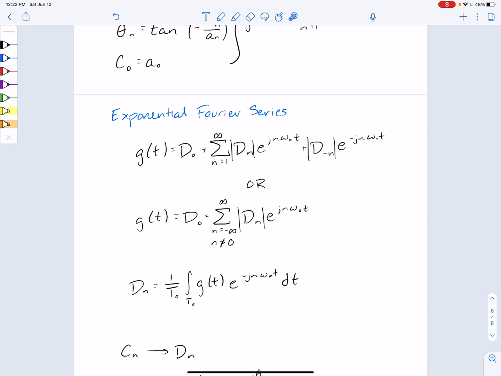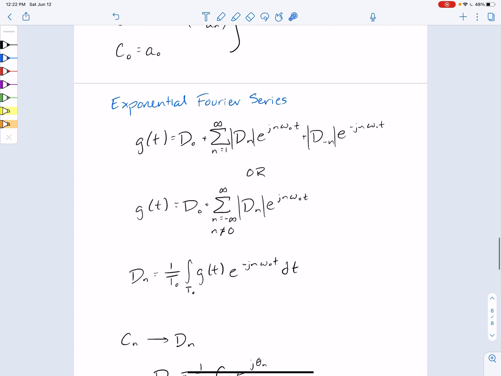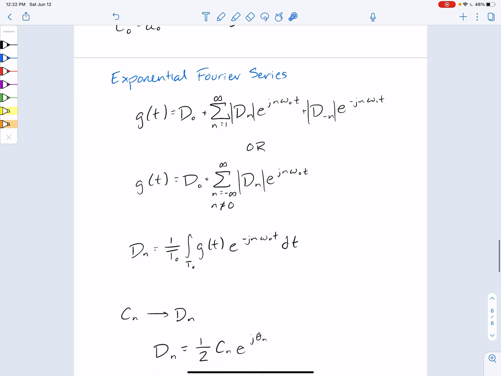I remember back when I was taking this course, I got a little confused by that, but that's the difference. The exponential Fourier series can be represented in two different notations. It's saying the same thing, it's just a different notation.